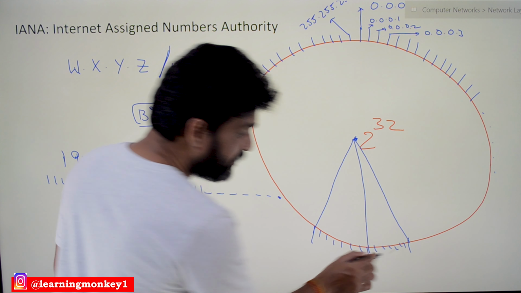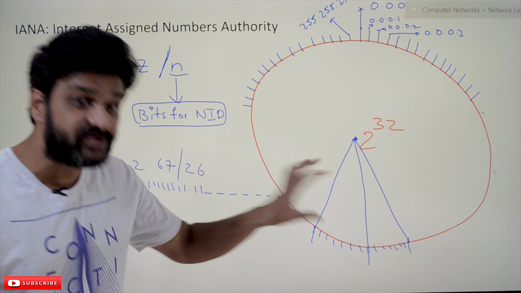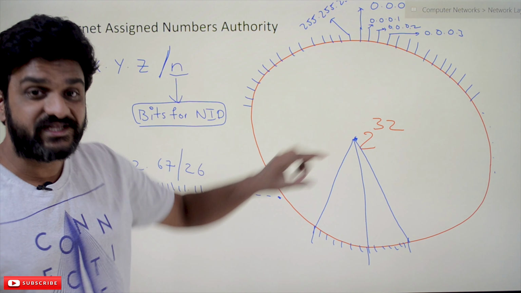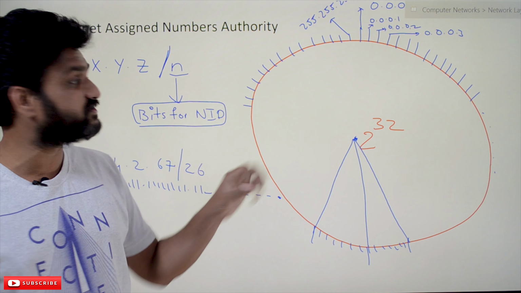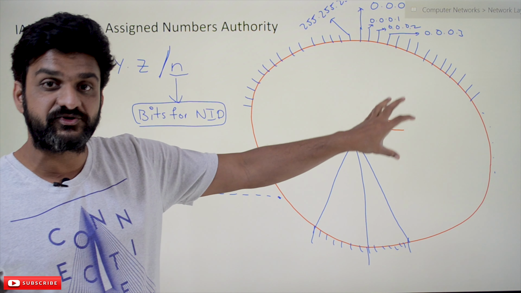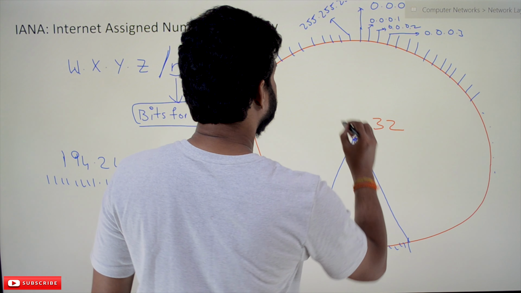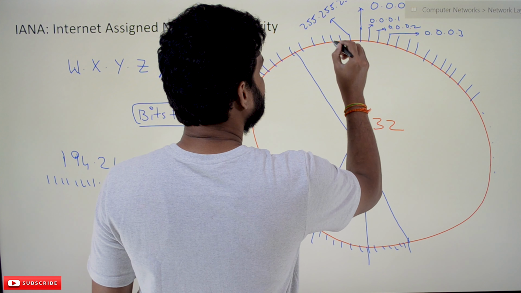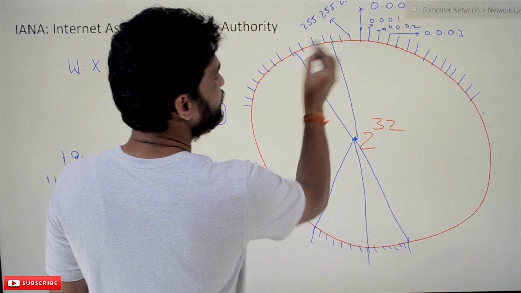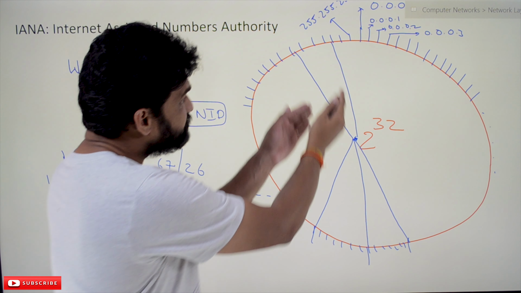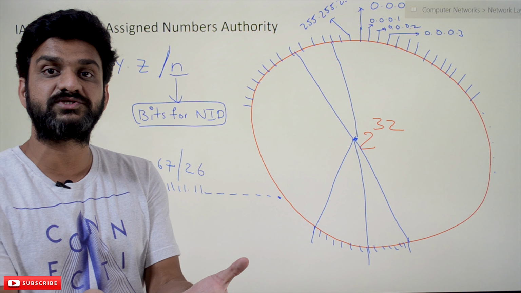With 64, this point is very important to understand. Is it the only possibility to get 64 systems from this group of 2 power 32 systems? No. Any IP address you can get, either this also, from here to here. Assume that in between there are 64 systems, so this piece of cake is also a possibility.